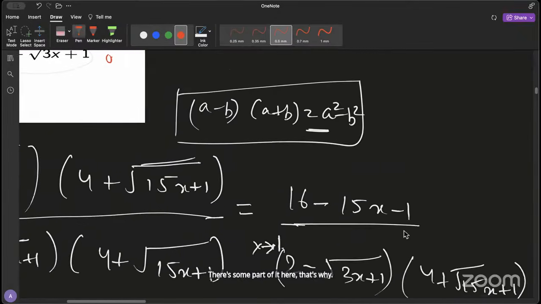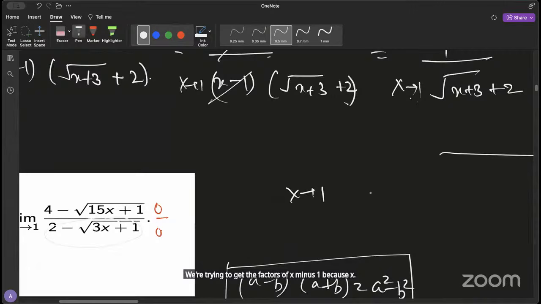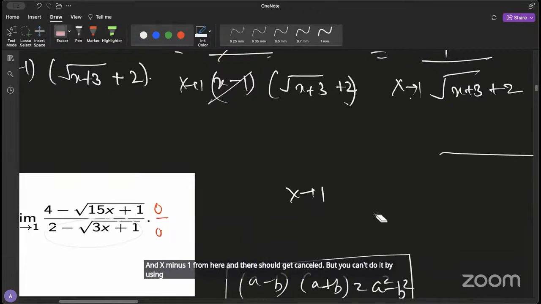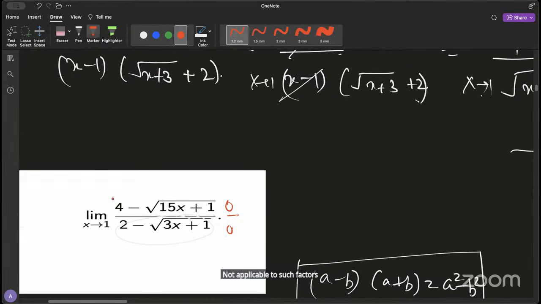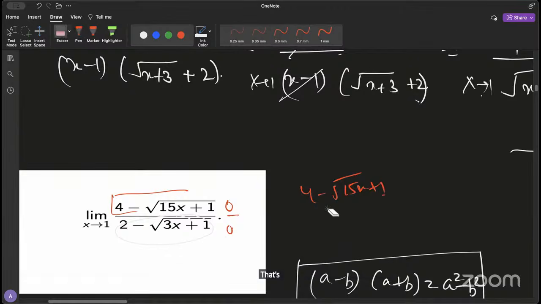That's why we're trying to get the factors of x minus 1, because if x tending to 1 is giving you 0 by 0 form, that means your x minus 1 from here and here should get cancelled. But you can't do it by using factorization, because this is not even a polynomial. You can't factorize 4 minus square root of 15x plus 1. That's why instead we rationalize it.